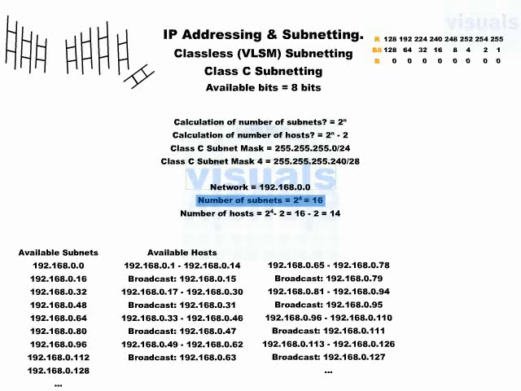And how many bits remain? Because we are playing with 8 bits from 25 to 32 of the 4th octet, 4 bits remain for hosts. How many hosts are we getting for each network? We are getting 2 raised to power 4. Just use your fingertips: 2 into 2 is 4, 4 into 2 is 8, 8 into 2 is 16.